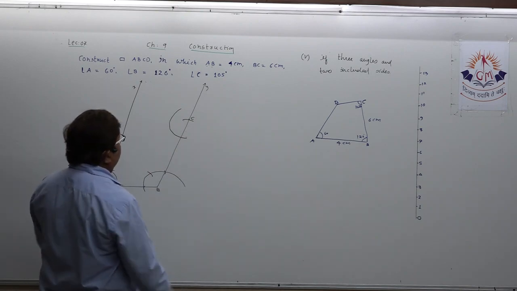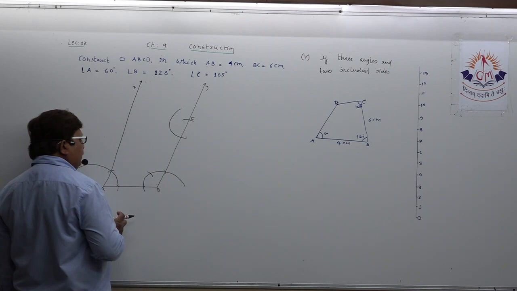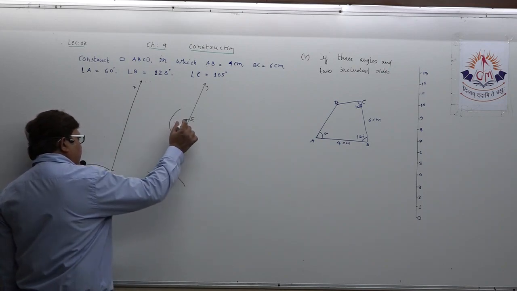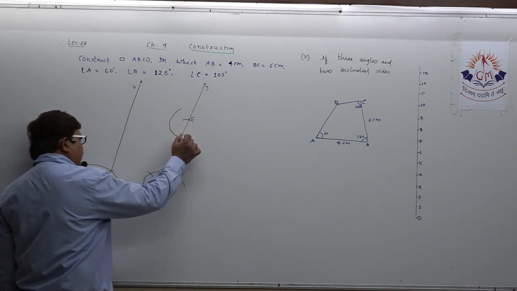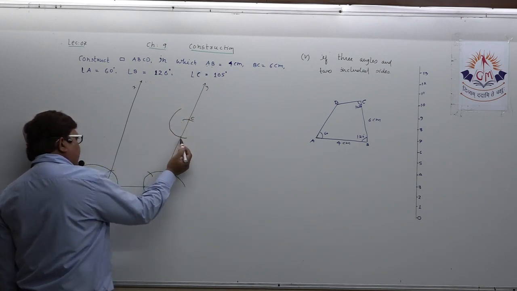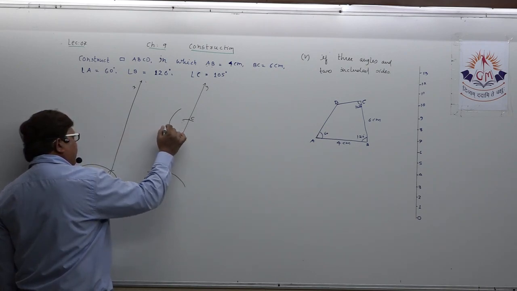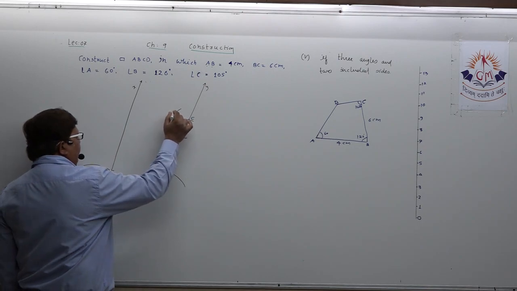Okay, first you draw it, taking some appropriate radius, draw an arc. Now centering your compass at this, without changing the radius, cut it twice, once and twice.